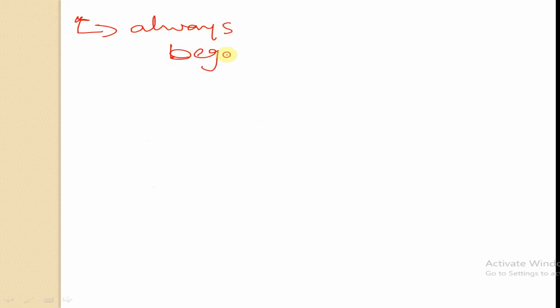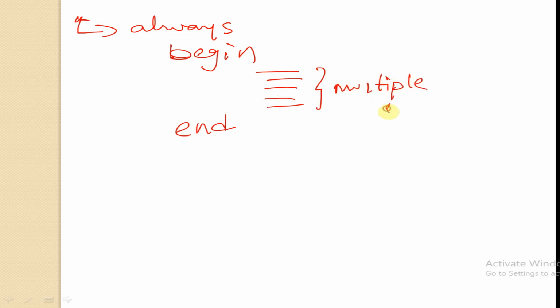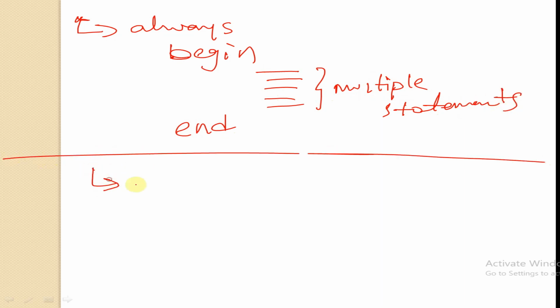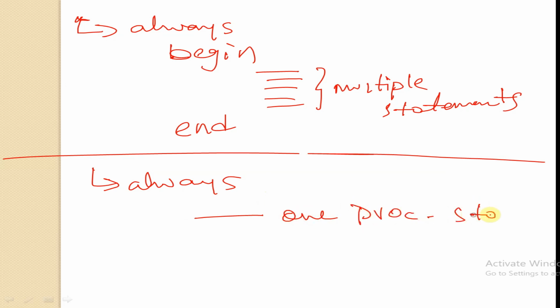If we have multiple procedural statements, then we will use begin and end. Or else, if we have only one procedural statement, then there is no need to use begin and end.